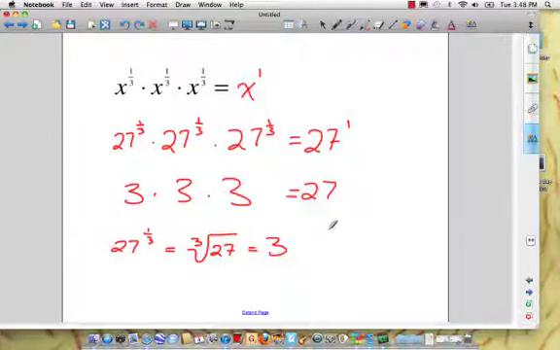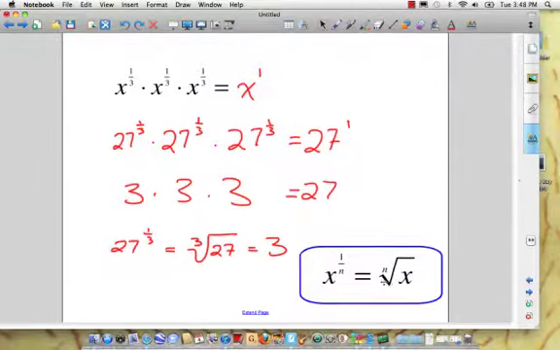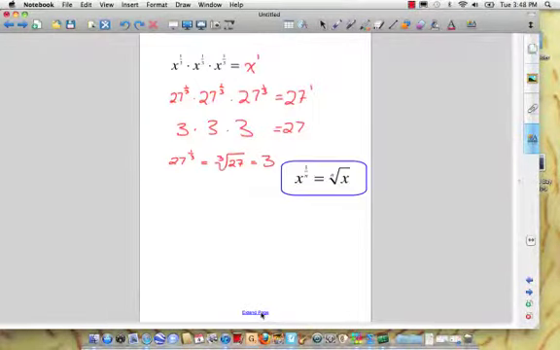Okay, so in general, we can say it like this. All right, and let's move that over so you can see that. That if your exponent is 1 over n, you're taking the nth root of the number. And this applies even to the following.